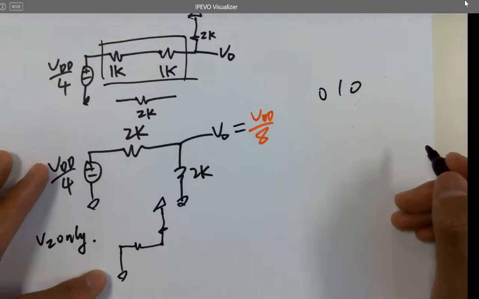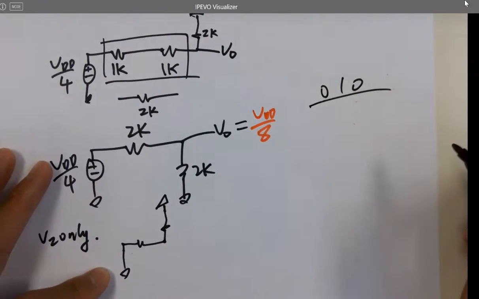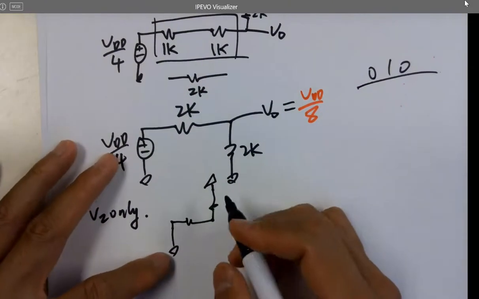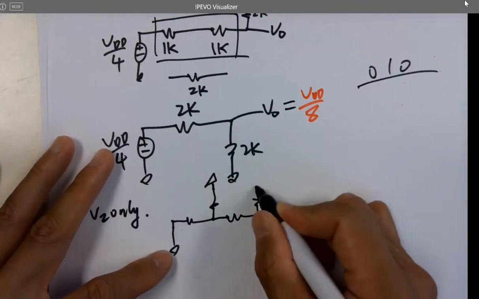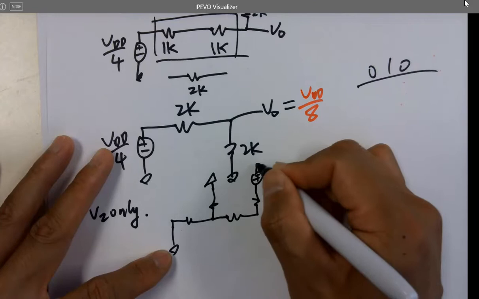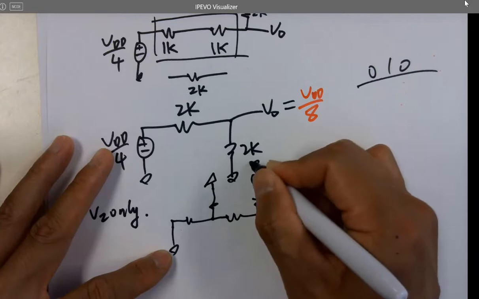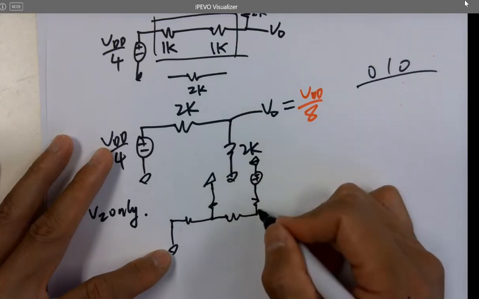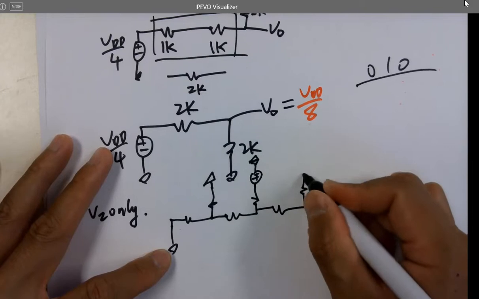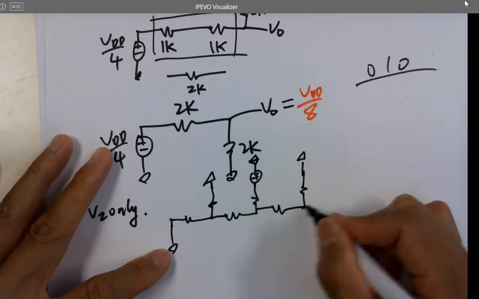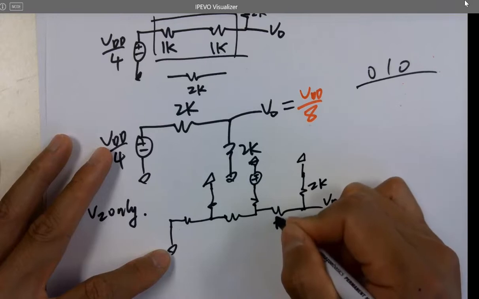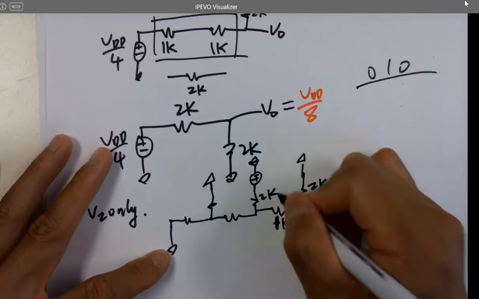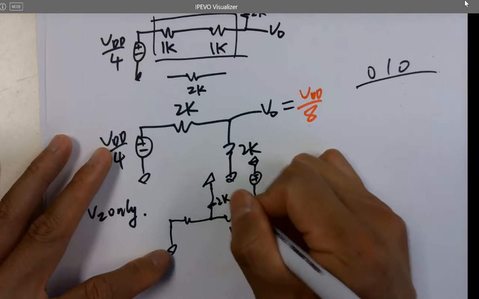Only the middle one is on, but all the others are off. Only here has a voltage source, and this one is grounded as well. And here's the final VL. It's 2K, 1K, 2K, 1K, 2K, 2K.